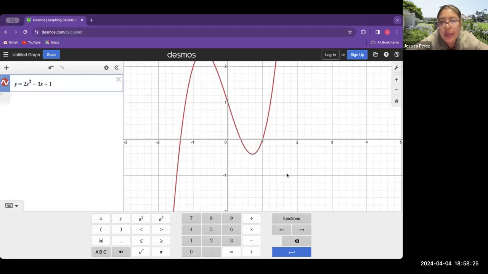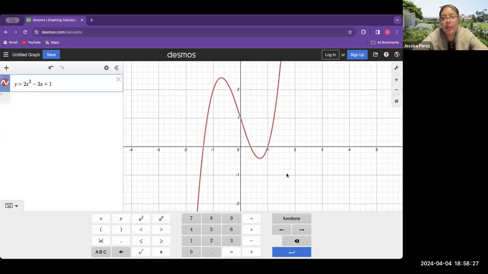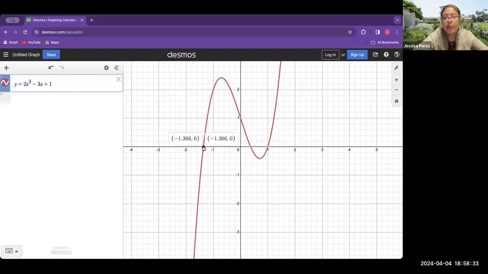What can you tell me about it? How many local minimums do I have? We actually have a couple. You have a minimum point, a minimum point, and another minimum point. The only highest point would be 0 and 1. See how I have multiple local minimums, at -1, here, and here.